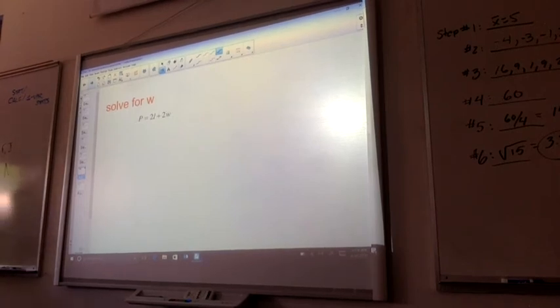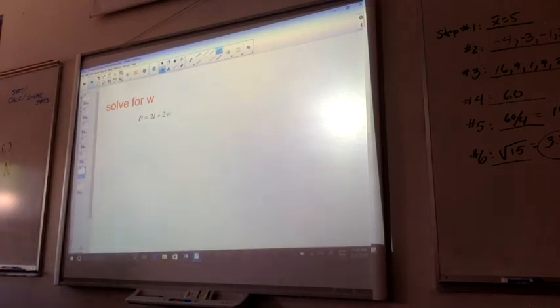You're telling me all the right ways to start solving it, but if I just gave you this equation, any idea what I would use it for? Perimeter equals 2 times length plus 2 times width. There you go. So this is used to find the perimeter of a rectangle.